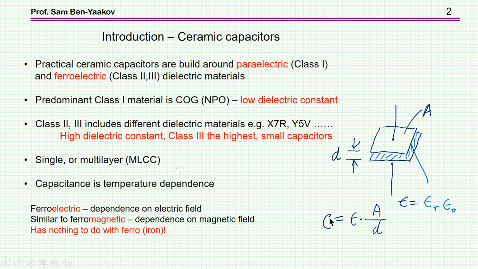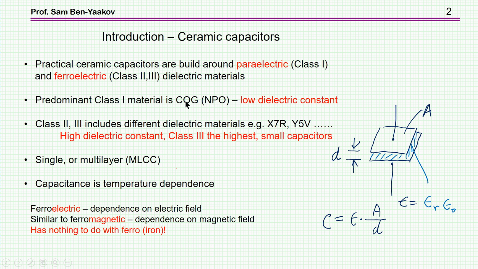Now, the capacitance of a capacitor is a function of the area of the plate, the distance between the plates, and the dielectric constant. If this dielectric constant is large, then the capacitance would be large and you can make small size capacitors. If the dielectric constant is not that large, then the capacitor will be larger.